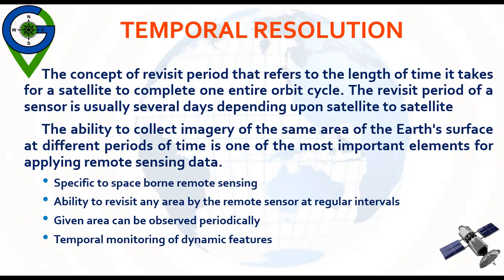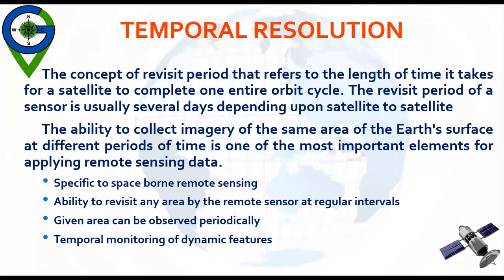So the temporal resolution of a remote sensing system refers to how often it records imagery of a particular area, which means the frequency of repetitive coverage. For example, we are taking IRS 1A sensors, which had 22 days temporal resolution. This means it could acquire the image of a particular area at a 22 day interval. Like today is 1st July.